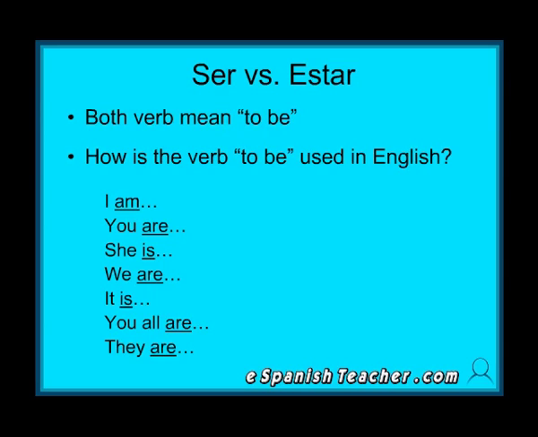It's difficult to visualize I am. It's difficult to visualize you are because it's almost incomplete. It's much easier to visualize I eat, or I run, or I sing, or she plays. Those are much more concrete ideas that you can visualize. But we are sounds incomplete, but it's not. Let's move on.